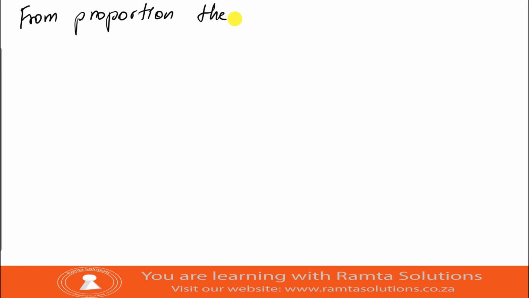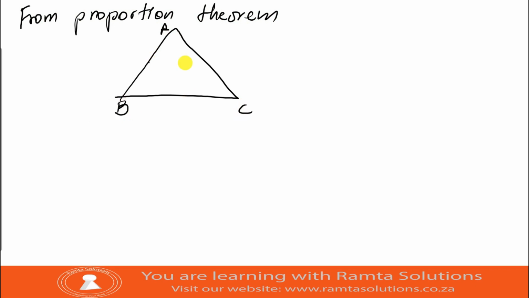Let's say we have this triangle here, let's call it ABC, with D and E. We proved that AD over DB is equal to AE over EC.